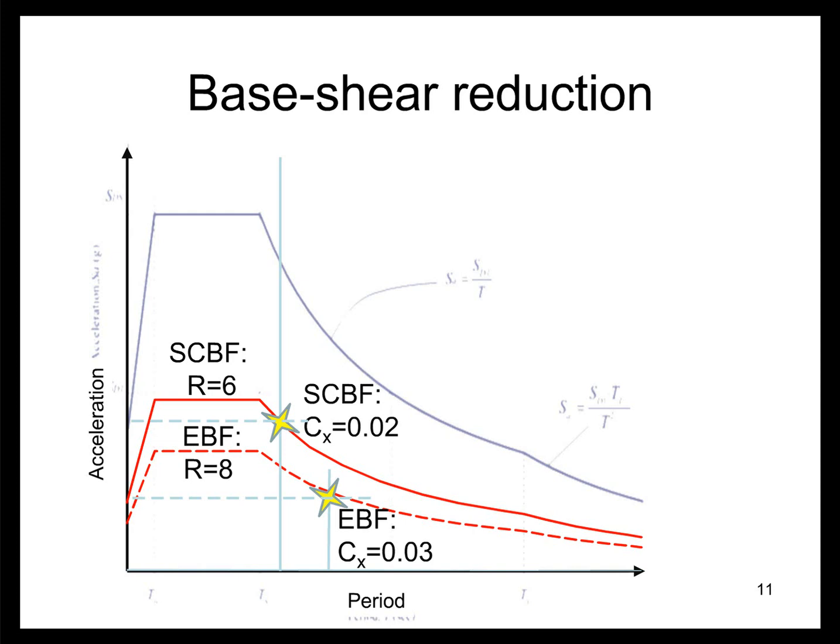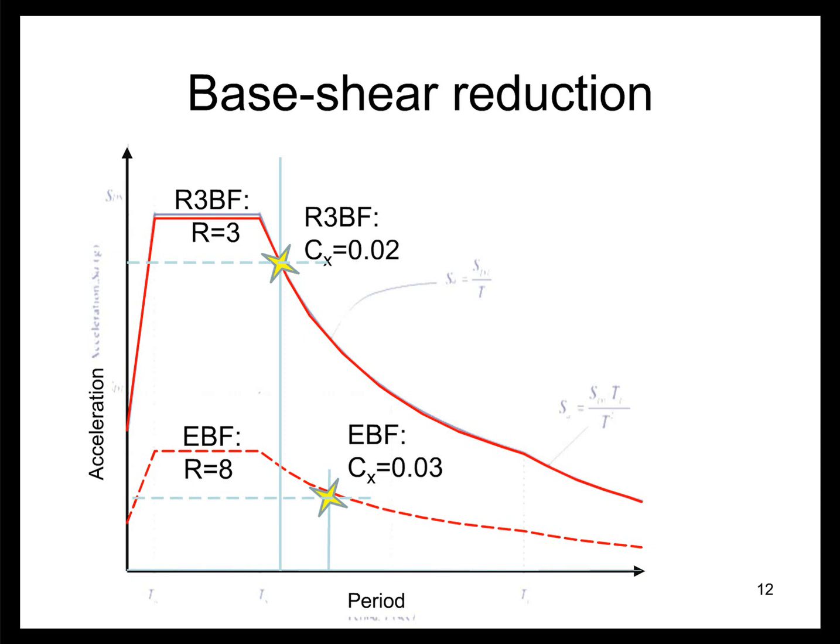For the same height structure with the higher R factor of the eccentrically braced frame and the longer approximate period reflected by this factor C sub x, the period is 50% longer. The R factor is a reduction of, you could say, 33%. And combined, those two things might result in a base shear that could be about a half in this area of the spectrum for the eccentrically braced frame compared to the special concentrically braced frame. So that could be quite a lot of savings there.